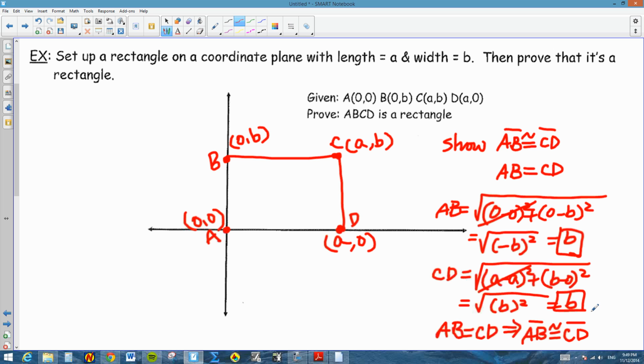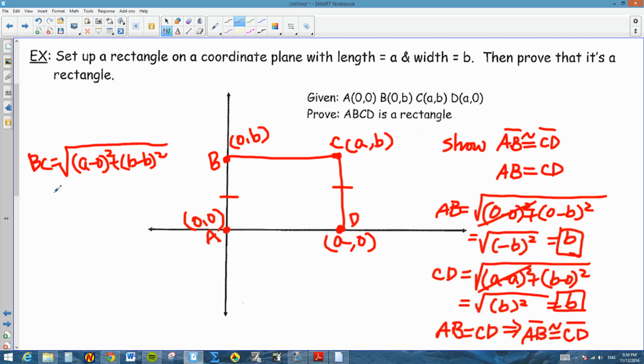So we proved one pair of sides congruent, AB congruent to CD. Now we have to prove the other two congruent. So we use this side. We find the length of BC, which is the square root of A minus 0 squared plus B minus B squared, using x2 minus x1.